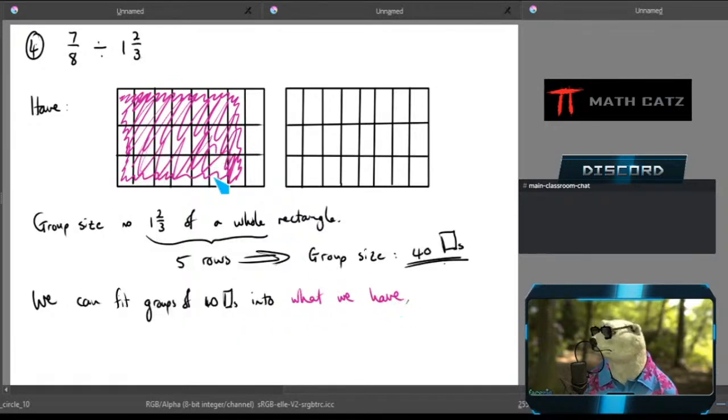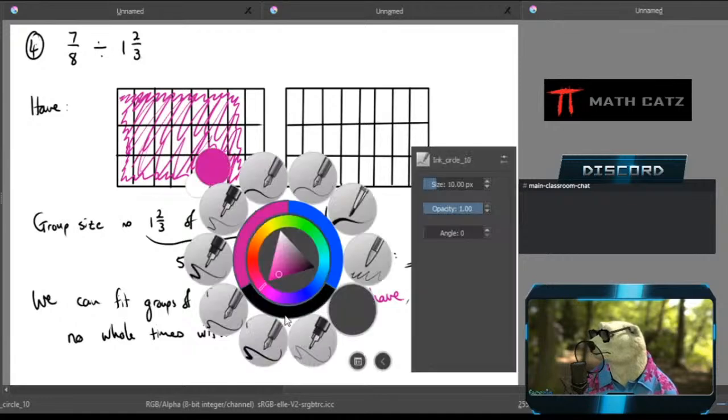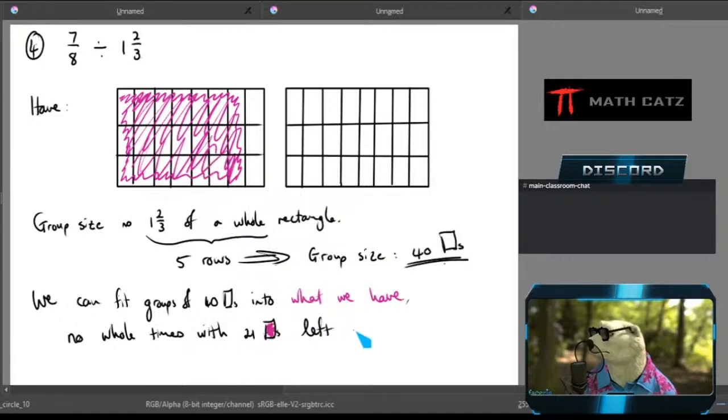Well, as I suspected originally, no, my group size is too big. I don't have enough. You can double check. I have a row here of 7 pink ones. 3 times 7 is only 21, right? So no whole times, just to emphasize, with all 21 left over. And those 21 are pink. 21 left over. Left over, as I suspected.